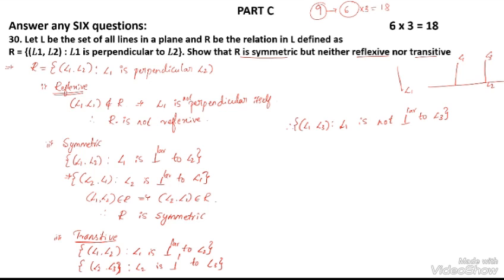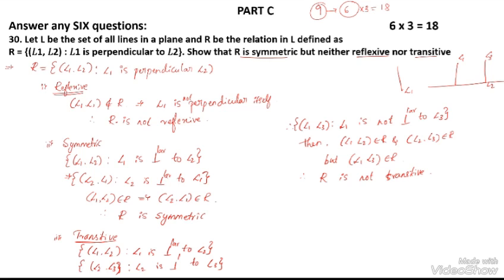Then we can write: (L1, L2) belongs to R and (L2, L3) belongs to R, but (L1, L3) does not belong to R. Therefore, R is not transitive.